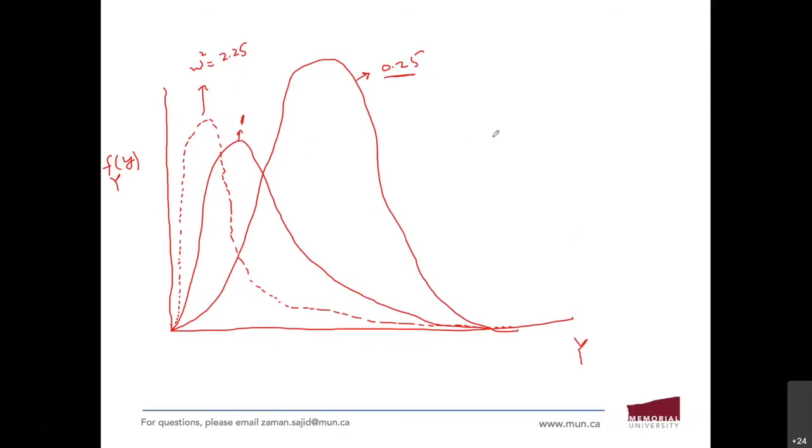So I can say that for smaller values of w, the log normal distribution will tend to the normal distribution.